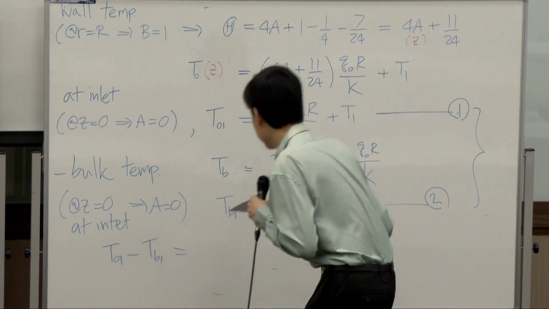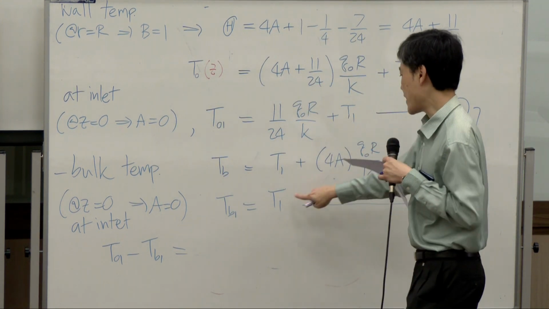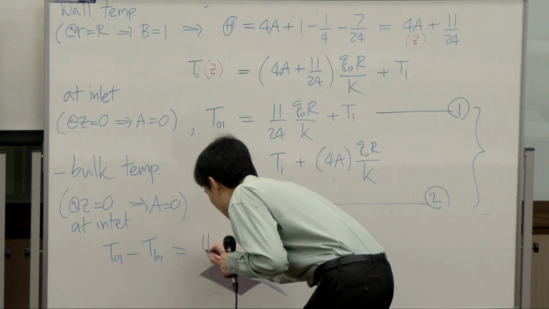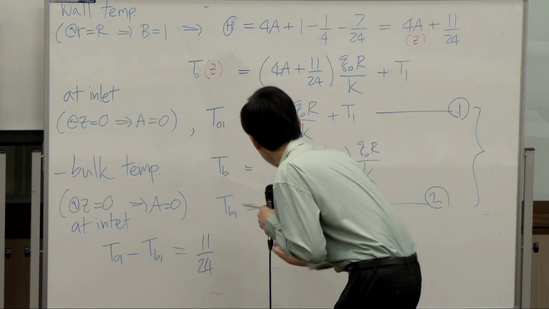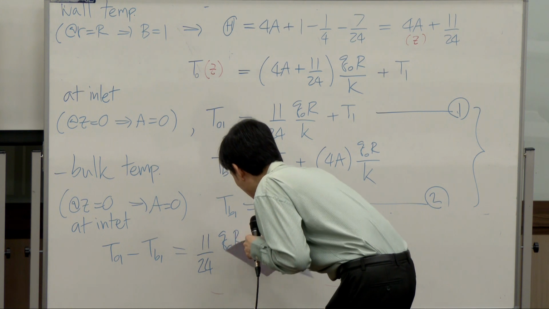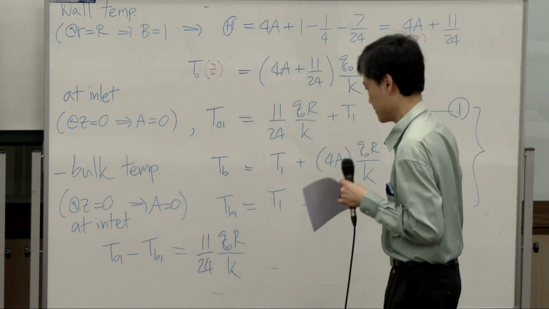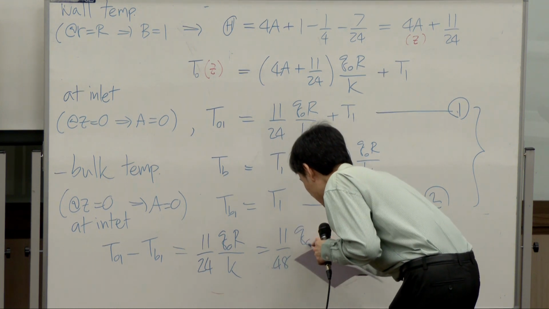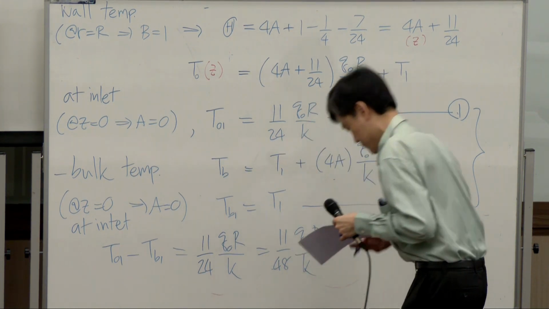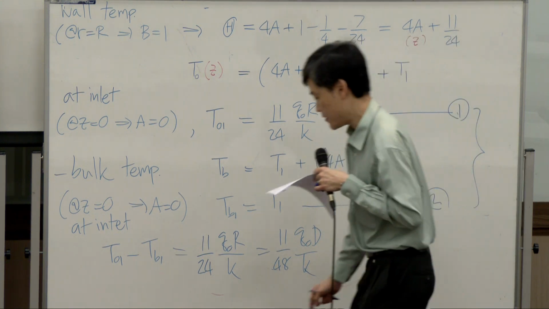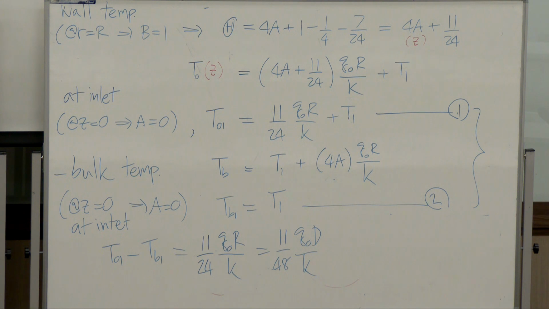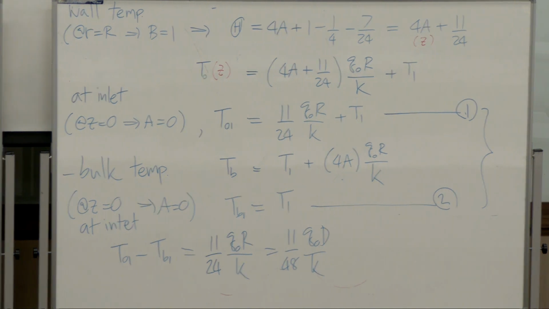Subtracting this by that, T1 would cancel out. You get 11 over 24 Q0 R over K, or 11 over 48 Q0 D over K, in the same manner as what we obtained for the local heat transfer coefficient.